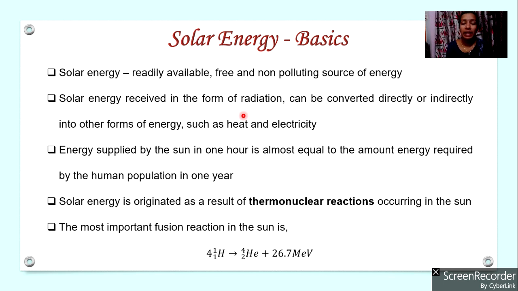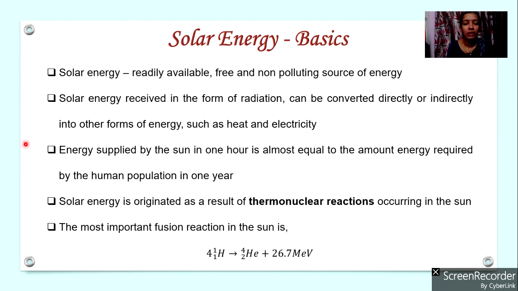Whereas in solar electric systems, the solar energy is directly converted to electrical energy by using photovoltaic panels. So solar thermal systems and solar photovoltaic systems are two different classifications of solar energy systems. In this particular module, in module 2, we will be discussing solar thermal systems.